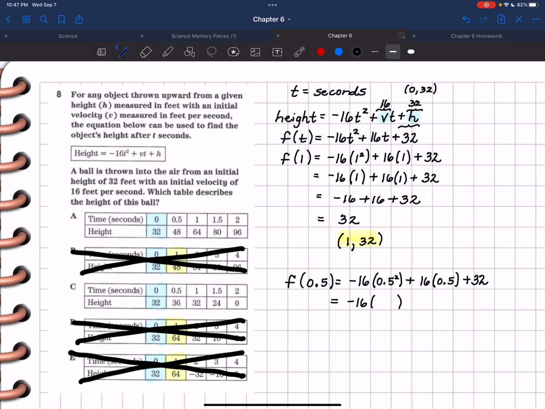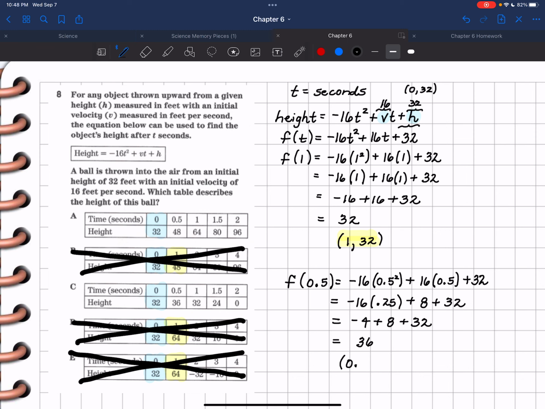So 0.5 times 0.5 is 0.25, plus 16 times a half, that's 8, and then 32. So 16 times 0.25 is 4, and remember it's negative, plus 8 plus 32. So this is going to equal 36.